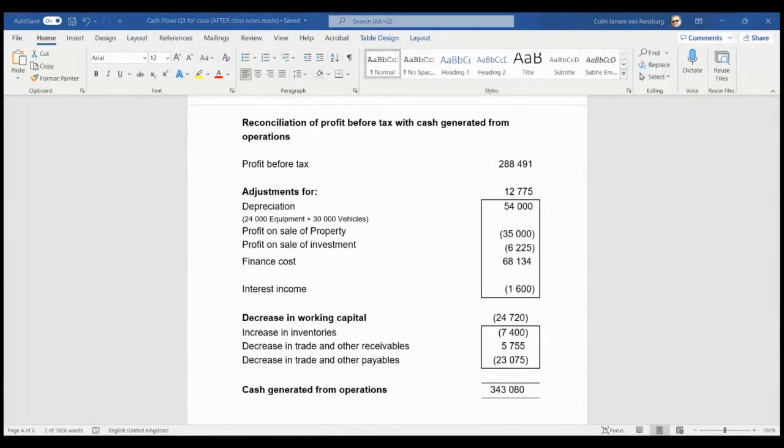I know that many of you have already answered the question there. In calculating the profit before tax figure, would we have added the depreciation to our income and our revenue, or would we have deducted it? We would have deducted it.